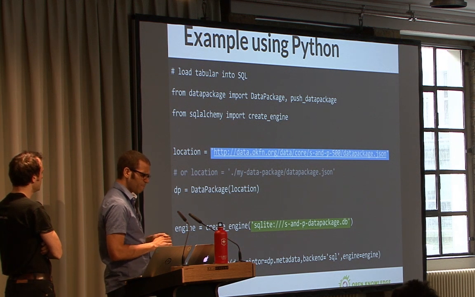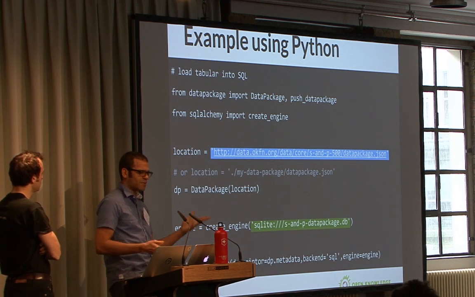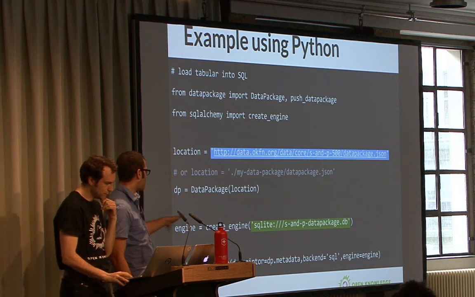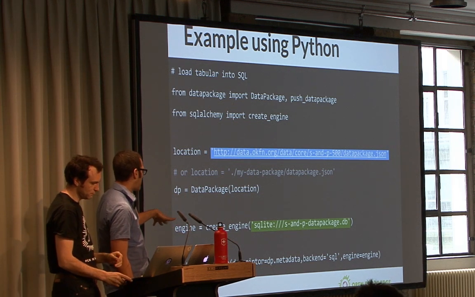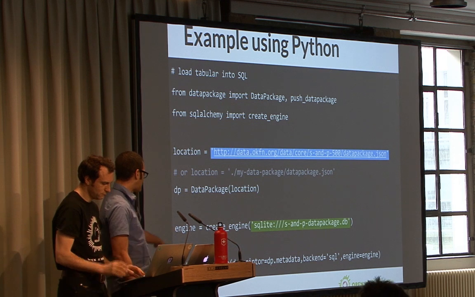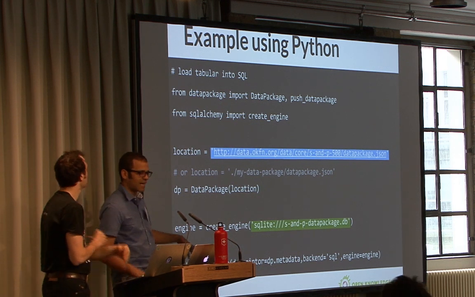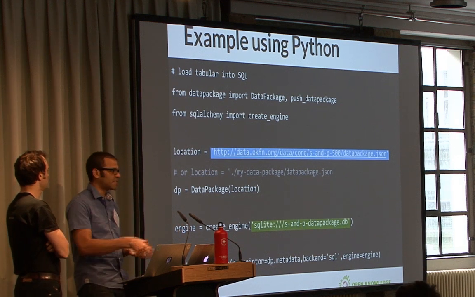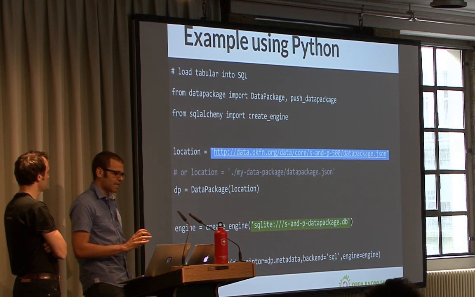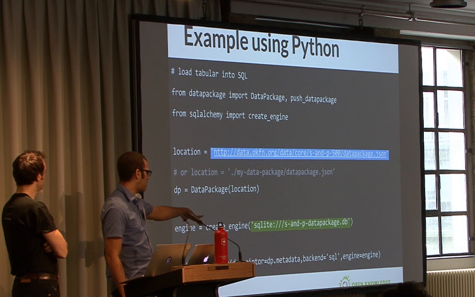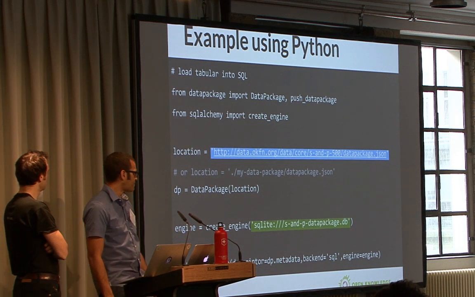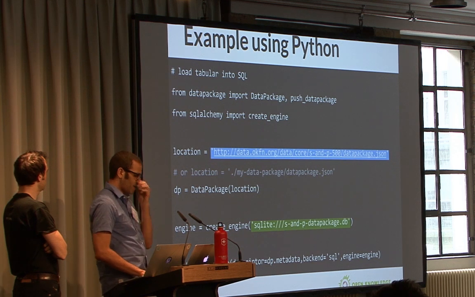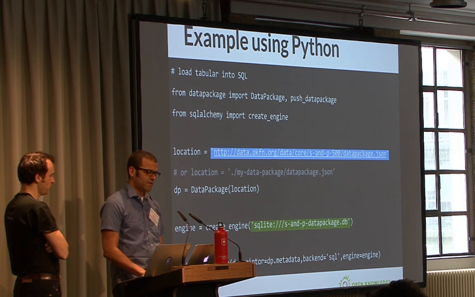And then, as you would typically do if you're using something like SQL Alchemy, you would create an engine to connect to your database. And in this last line is where all the magic happens. You're pushing the data package using the descriptor file, which is described by dp.metadata, and we're pushing it into an SQL backend just like that. Very simple.